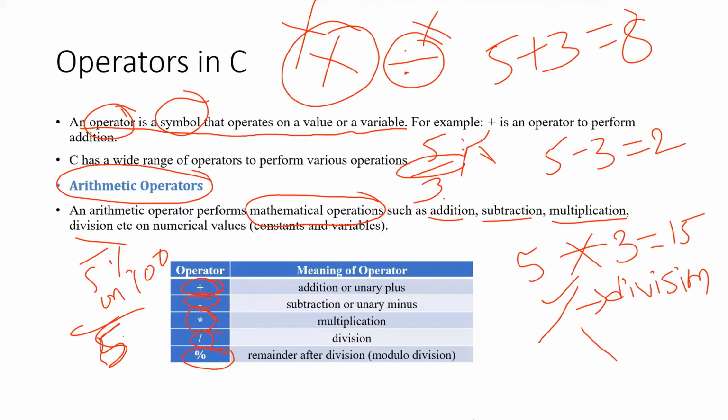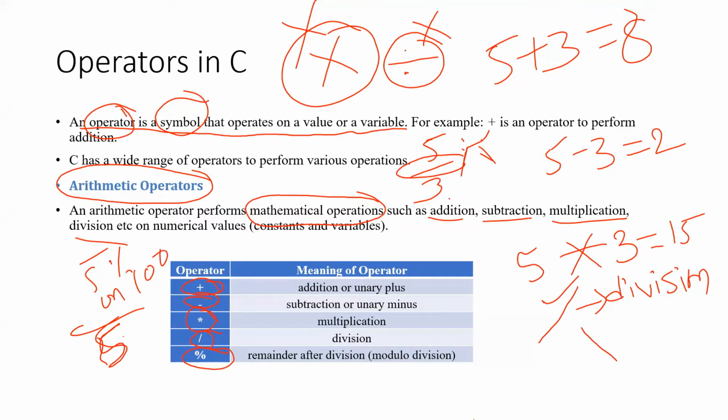So this is about the modulus operator. These are related to arithmetic operators only. So you people know what is meant by plus, minus, star, and slash. But percentage is an additional symbol in C programming. The intention of this one is to find the remainder or the modulus.